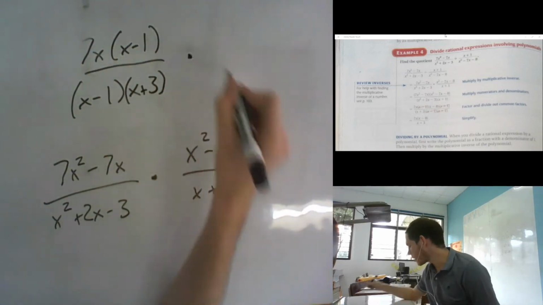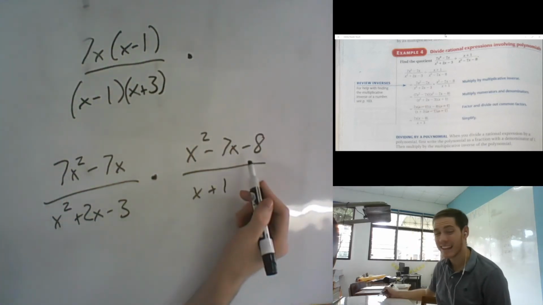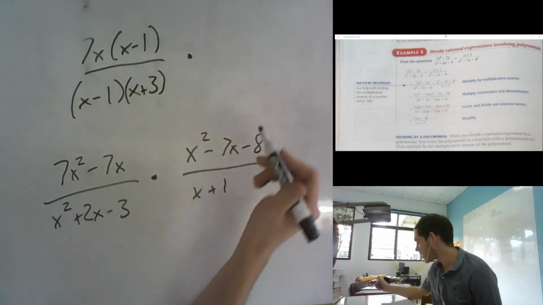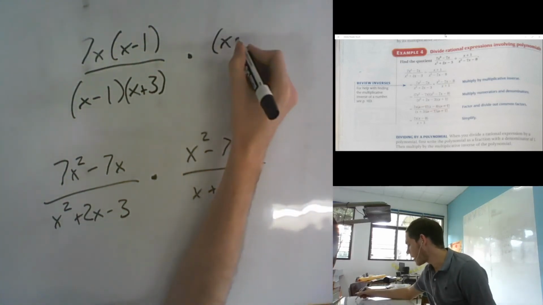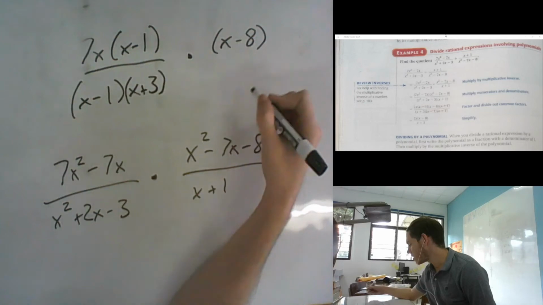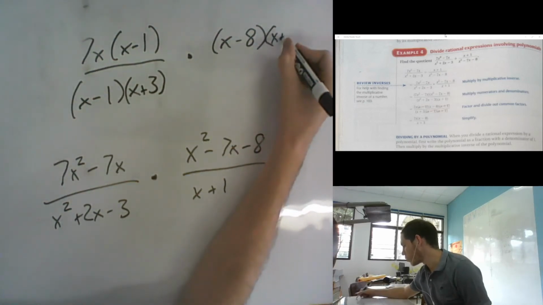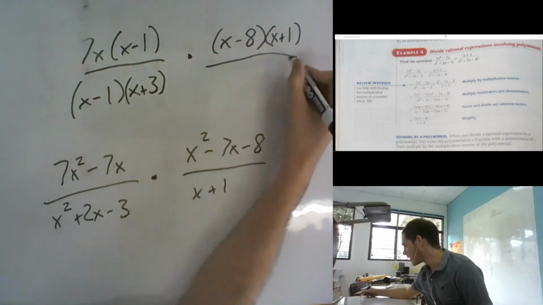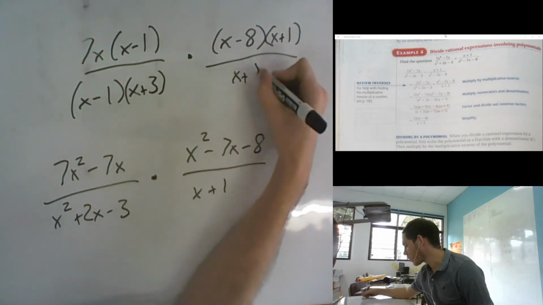And then factoring this, what goes into negative 8 and into negative 7? So we get x minus 8, because negative 8, times x plus 1. And then in the denominator, we have x plus 1.